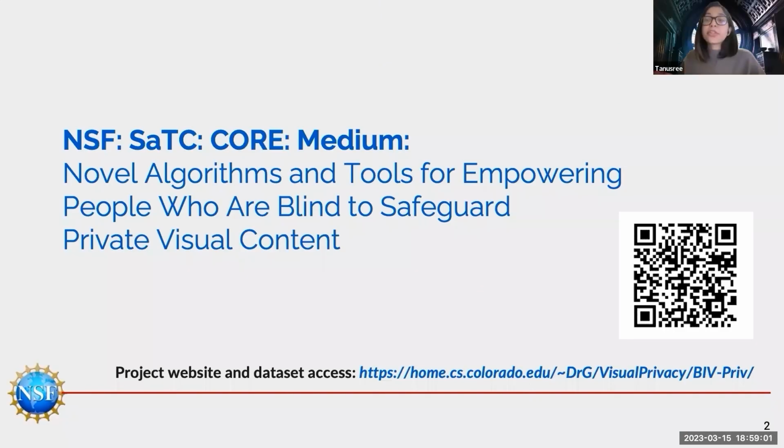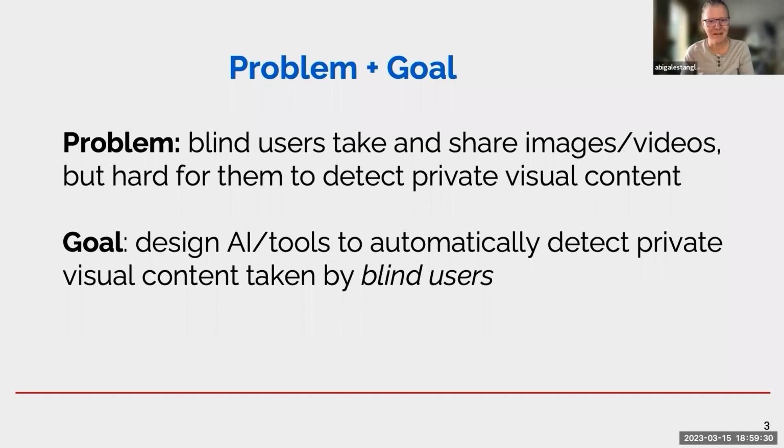This project is a part of our bigger umbrella of NSF-funded project involving multiple universities. We're trying to solve a problem that can make visual content sharing safer for blind users in a socio-technical approach. The key challenge that we're trying to address in this project is that people who are blind take and share images and videos with their peers on social media, with visual assistance technology and beyond, but it's hard for them to non-visually detect private visual content in those images.